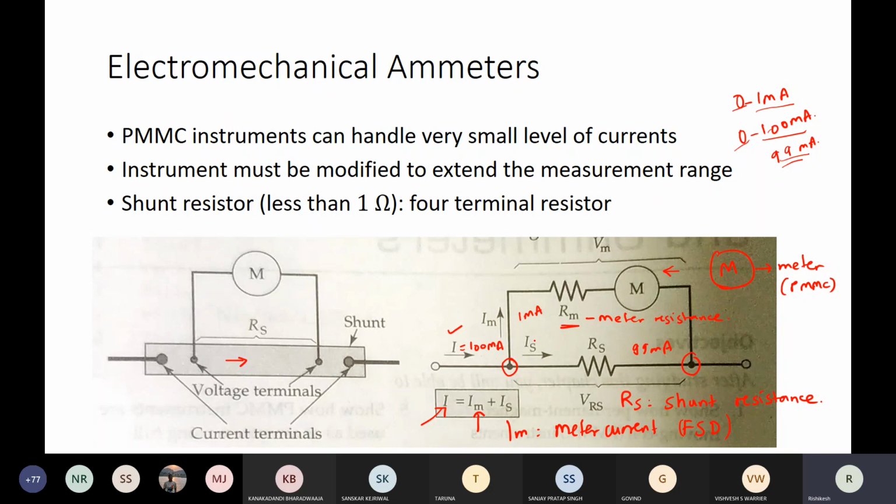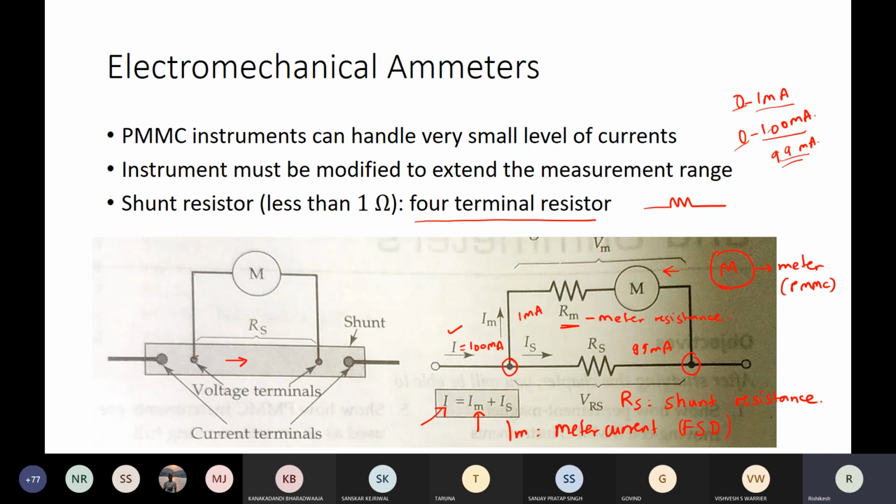So they are special resistors which have 4 terminals. They are known as 4 terminal resistors. So why 4 terminal? Because we have already studied that resistances are always 2 terminal devices, isn't it? But this is a 4 terminal resistor which you use for this purpose. The reason being that it has 2 terminals known as voltage terminals and 2 terminals known as current terminals, and the meter will be connected in parallel at the voltage terminals.